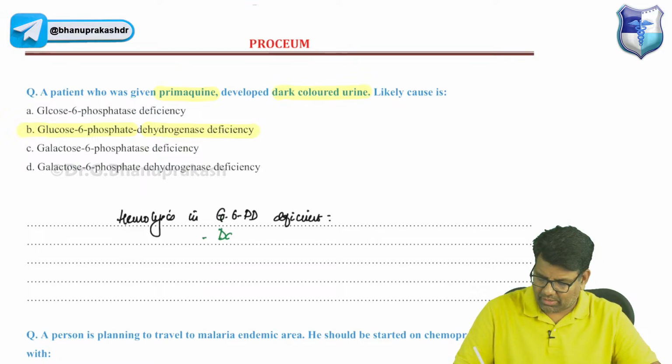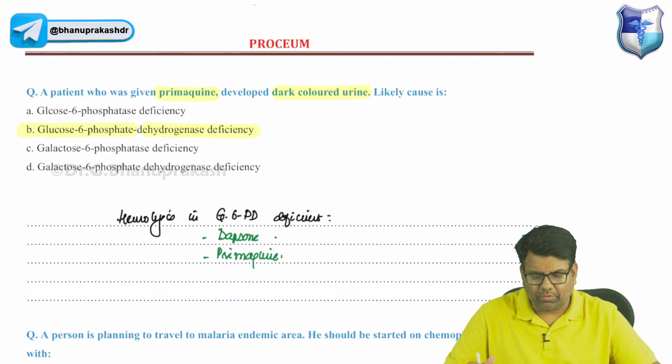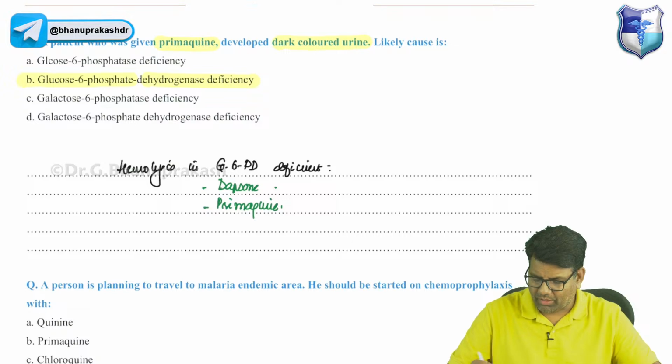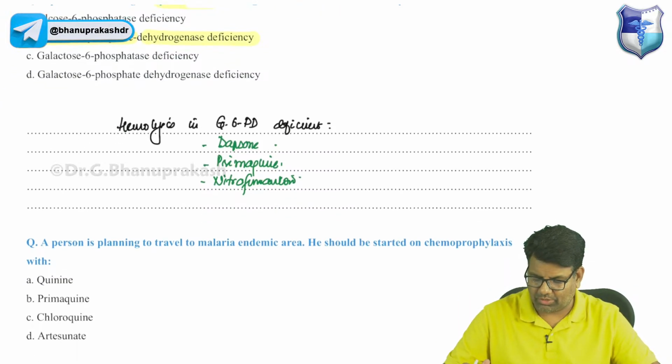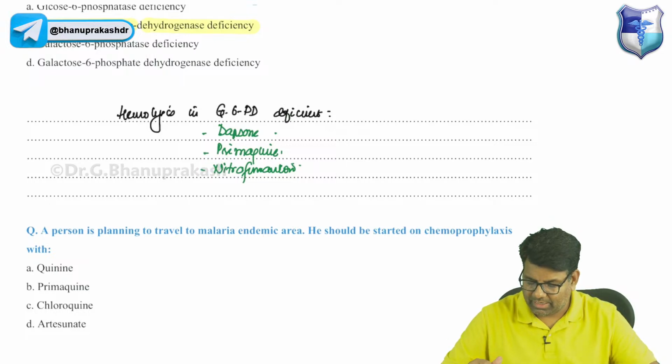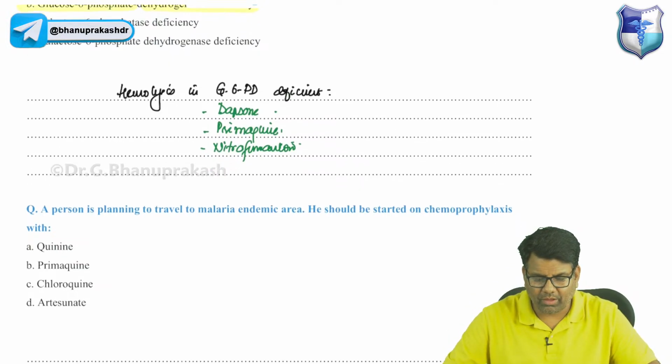There are certain drugs like dapsone, primaquine, and the list is very long. So we have to be very cautious while using these drugs in a person who is a known case of G6PD deficiency.